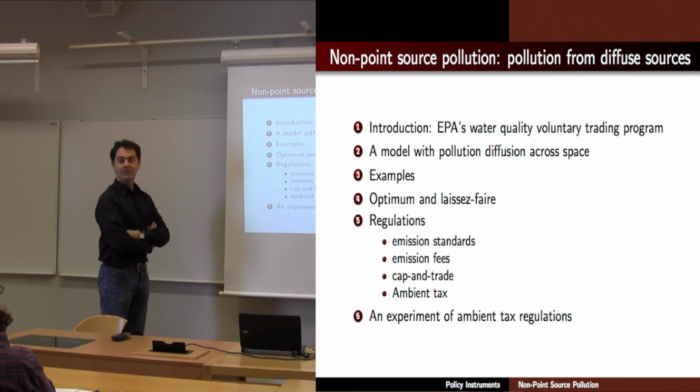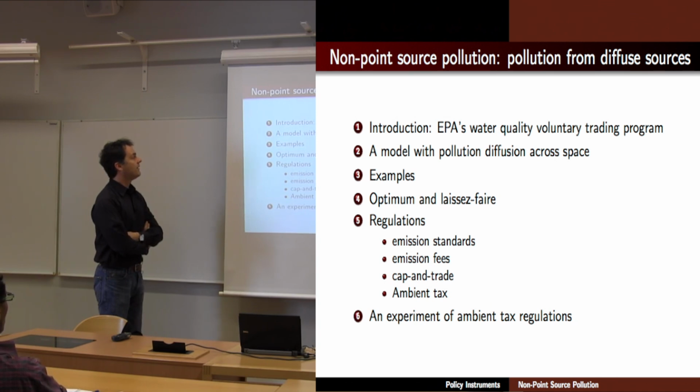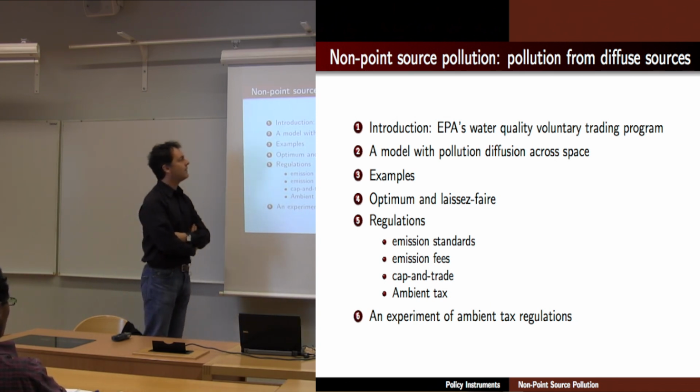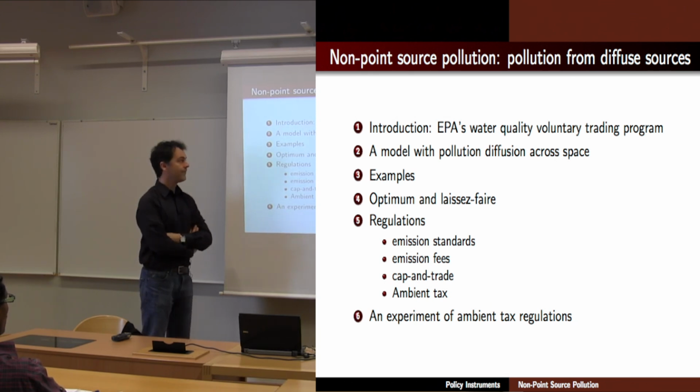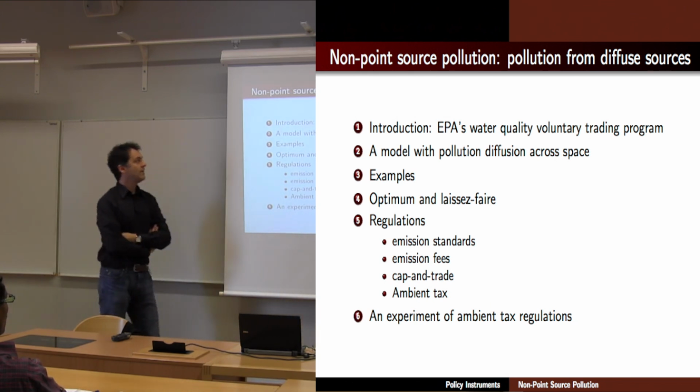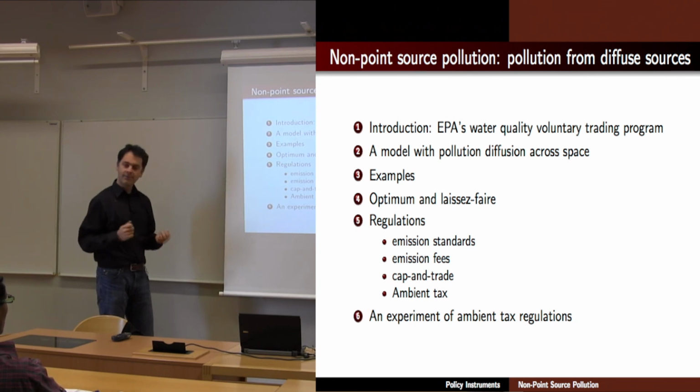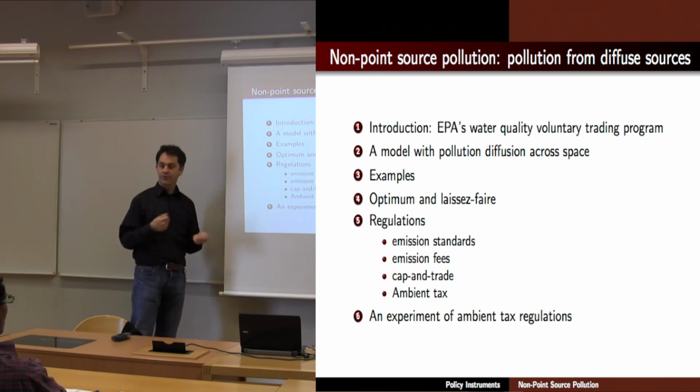I will start with a box of case studies to motivate the model, describing some contract-based policy which has been launched by the US Environmental Protection Agency, the water quality voluntary trading program. And you will see that in this case, the spatial dimension matters.